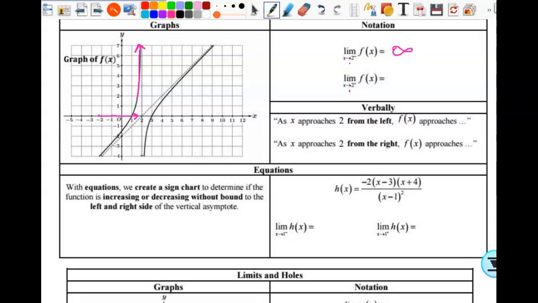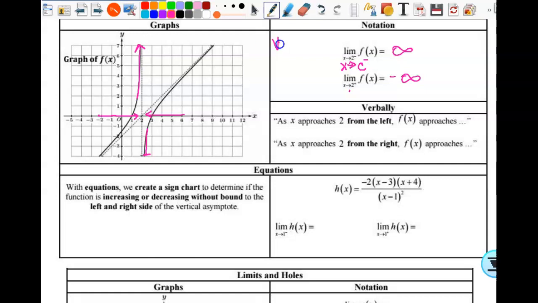As x is approaching 2 from the right, what is y approaching? Negative infinity. Okay? So this specifically says as x approaches 2, but let's say that this was as x approaches c from the left, just to generalize it so it's c and not just some number that's not necessarily 2.